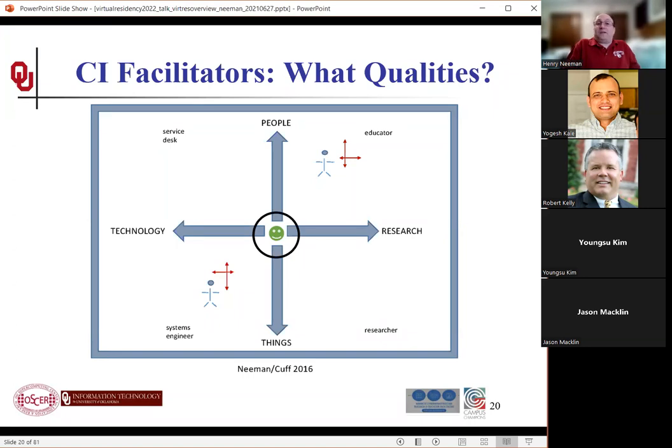So what qualities do CI facilitators typically have? Well, think of this as a two-dimensional system. On one dimension is a spectrum between loving technology and loving research. People who love research, as a general rule, are more likely to be researchers.